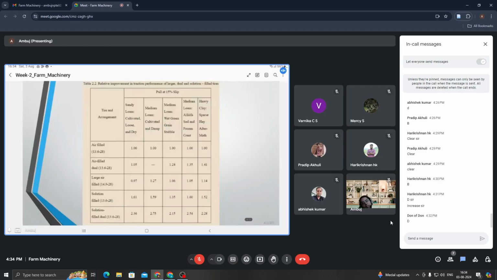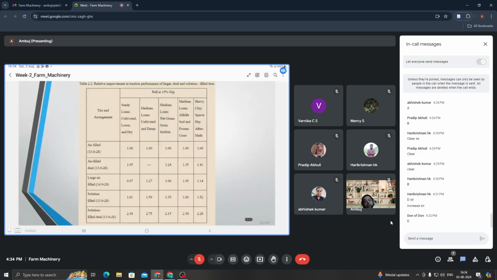Similarly, here I have given you the relative improvement in traction performance for particular wheel conditions: large, dual, and solution filled. Solution filled means I have used a 60 to 40 ratio of air to water. That is the meaning of solution filled tires.